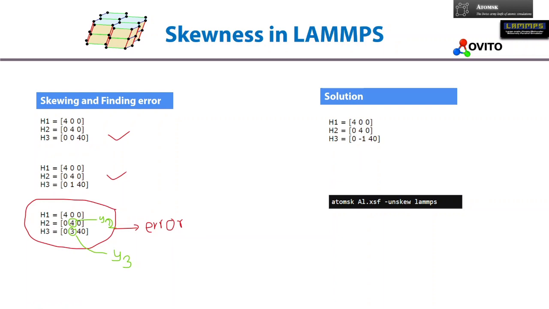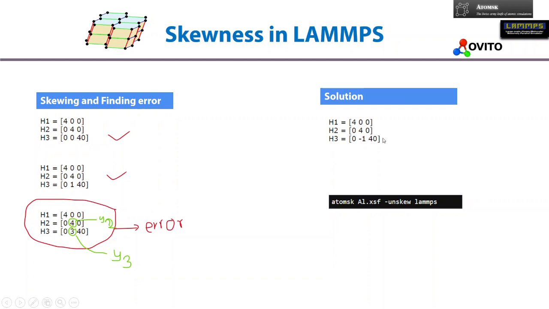So here the value of y2 is 4, and so y3 needs to be in the range of -2 to +2. So what can we do? Since we are skewing the structure by 2 from 1, we can skew the structure in the opposite direction. So we will get -1, and this falls into the allowed range for LAMMPS, and it can be one form of solution.